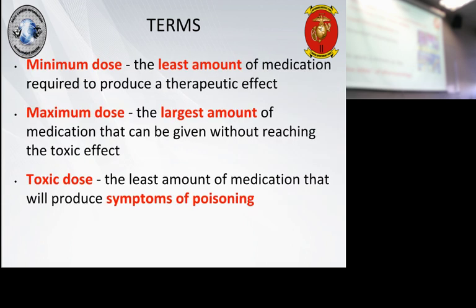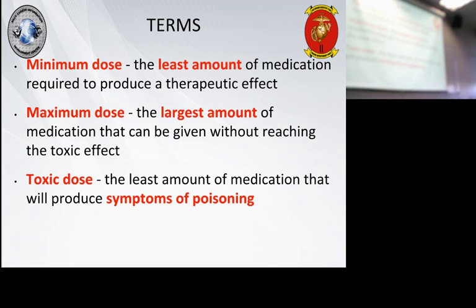All right, minimum dose. Common sense. Minimum dose is the least amount of medication you have to give to accomplish your goal. Maximum dose is the largest amount that you can give without making it toxic. So you can only take so much Motrin before it actually starts becoming toxic within the body. Toxic dose basically is right above the maximum dose.